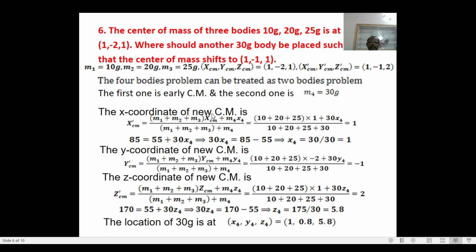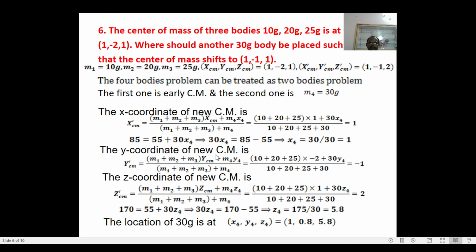The x coordinate of the new center of mass is xcm dash equal to m1 plus m2 plus m3 into xcm plus m4 x4 divided by m1 plus m2 plus m3 plus m4, which is equal to 10 plus 20 plus 25 into xcm, which is 1, plus m4 which is 30 x4, divided by 10 plus 20 plus 25 plus 30, which is equal to xcm dash, which is 1.